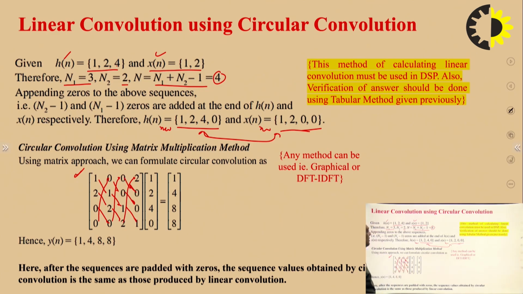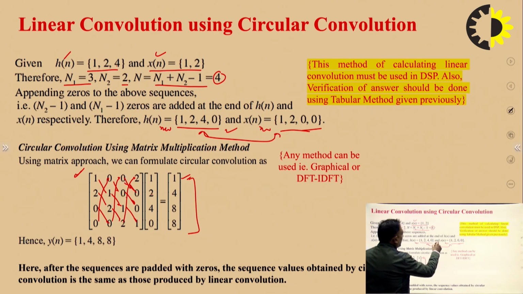Then you multiply by 1 2 4 0, and the matrix multiplication gives: this value becomes 1 plus 0 plus 0 plus 0, which is 1, then 2 plus 2 becomes 4, then 4 plus 4 becomes 8, and the last value is 8. So 1 4 8 8 is the circular convolution of these two new padded sequences, but at the same time it is also the linear convolution of the two old sequences.